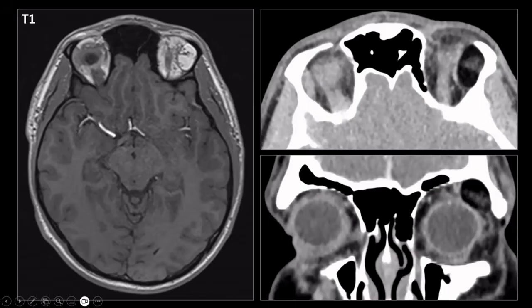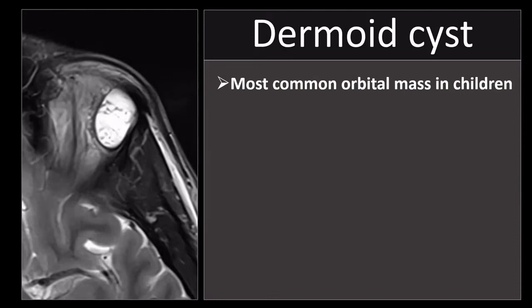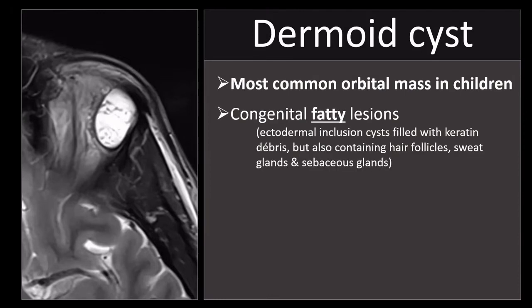This is a fatty lesion, so the differential diagnosis is already limited, and it has a very typical location for one specific lesion, and that is a dermoid cyst. A dermoid cyst is the most common orbital mass in children. It is a congenital fatty lesion, just like an epidermoid cyst.